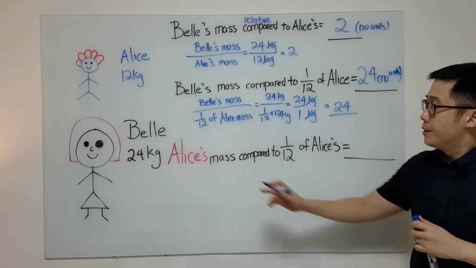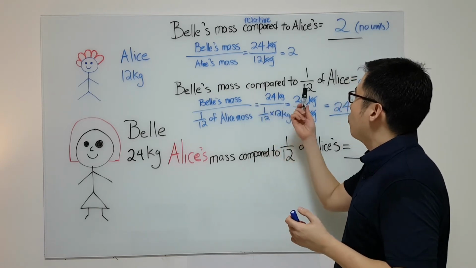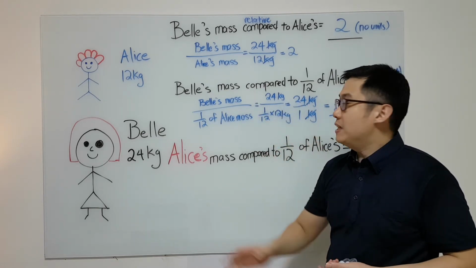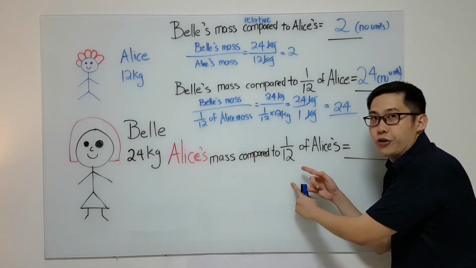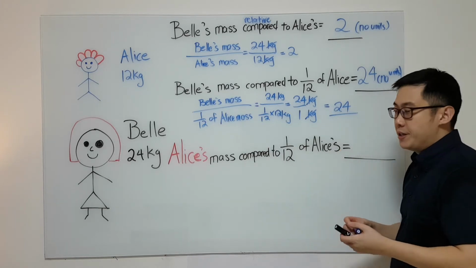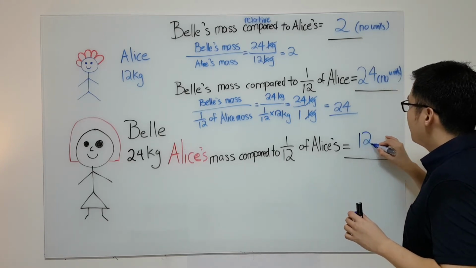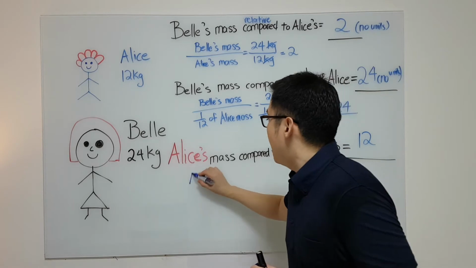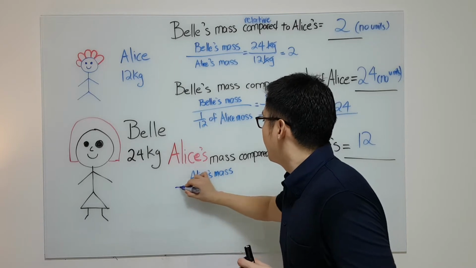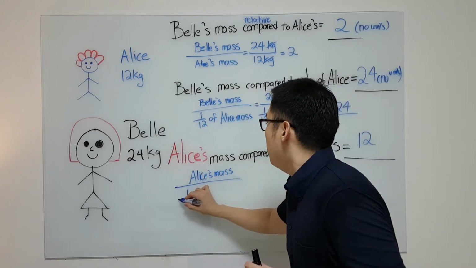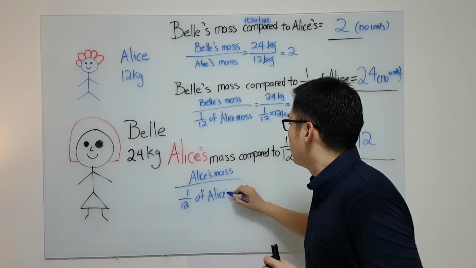Now, let us consider this case, slightly special case. Instead of taking Belle's mass to compare with 1/12 of Alice's mass, I am now taking Alice's own mass and comparing it with 1/12 of Alice's own mass. So in this case here, my answer will be 12. And this comes about when I take Alice's mass divided by 1/12 of Alice's mass.